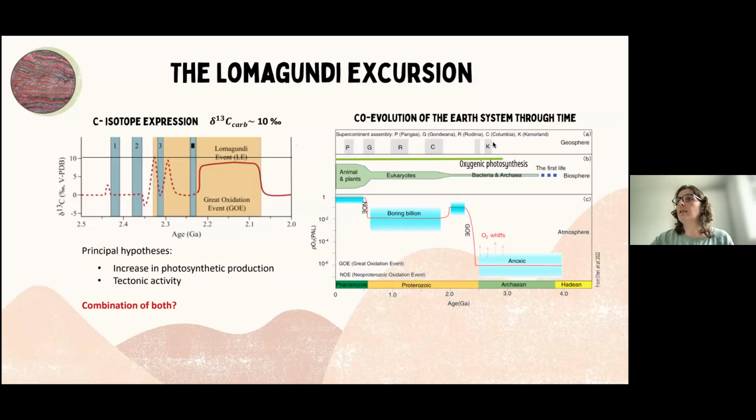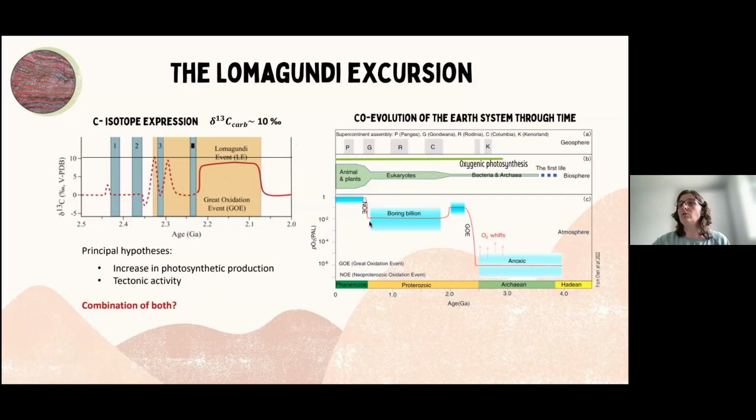If you see here in the right hand graph, all these segments represent different supercontinent assemblies. So this continent here was Kenorland and was formed at that time. So it's real that there was strong tectonic activity, and this activity led to changes in ocean circulation and nutrient availability. However, why not a combination of both hypotheses?